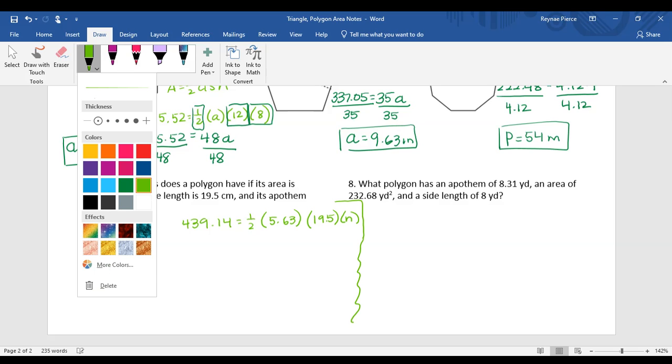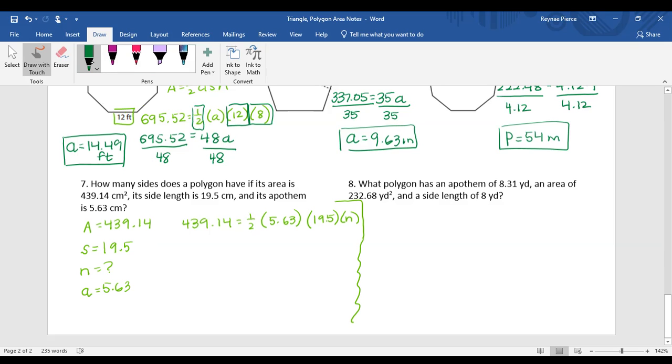Just like what we've done so far, we are going to multiply these three things together. That'll really simplify that right side of the equation. So 1/2 times 5.63 times 19.5 is 54.8925.